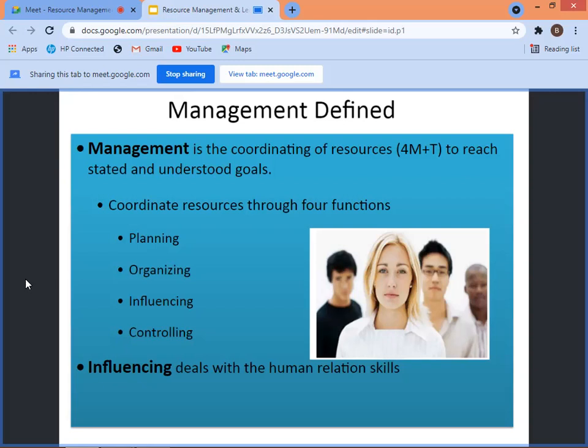Influencing is leading. Leadership is influence. There are so many influencers that are failing because they do not have good leadership skills or competency in leadership. So you need to have this influencing and controlling.